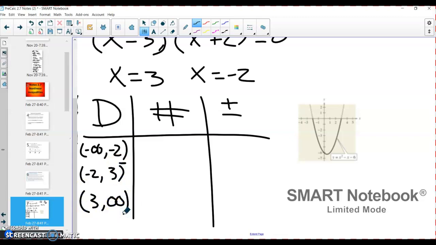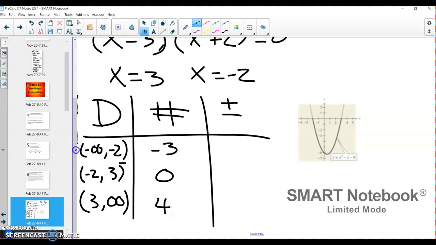Again, I'm using all parentheses because we are talking about strictly less than. A good number to test in the first interval would be -3. A good number to test in the second one would be 0, because it's between -2 and 3 and it's an easy number. And the last one could be 4.